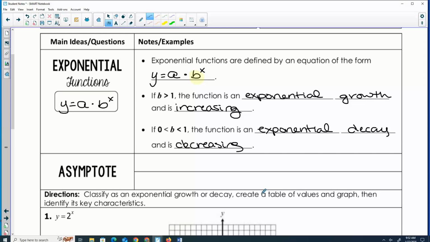So the base is the number being raised to a power. And that's the one that will decide if it's going up or coming down.